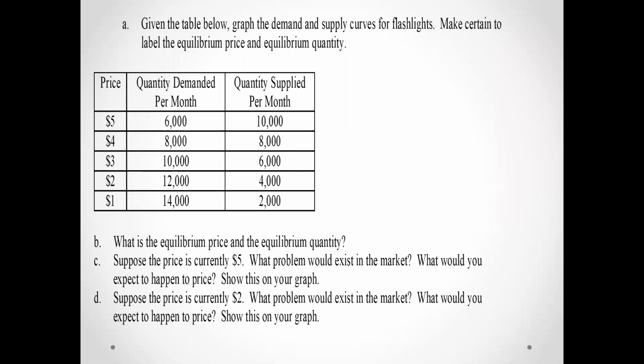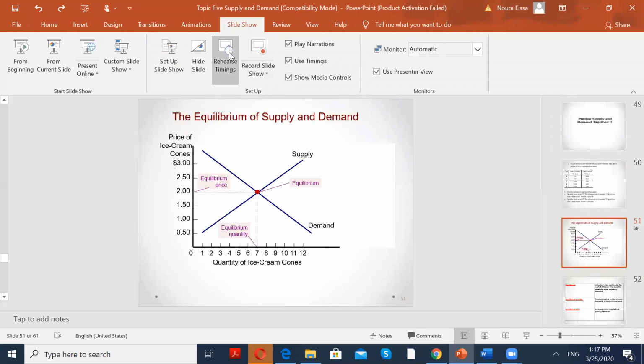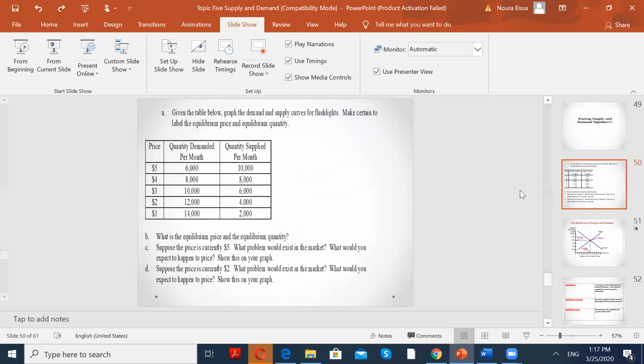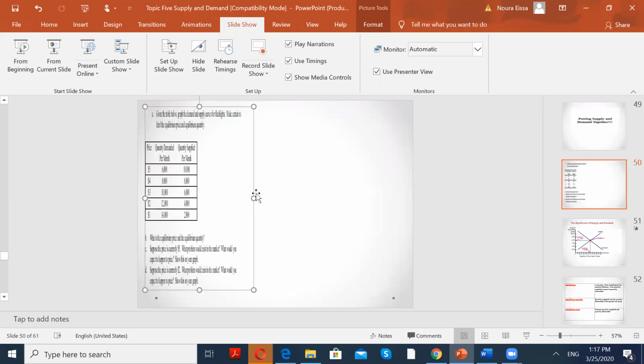Okay, here we have a question. We have the price. This is the supply and demand of flashlights, كشاف. عندي البرايس وعندي quantity demanded وعندي quantity supplied. تمام؟ عايزة أرسم الكيرف دي. اوكي؟ طيب تيجي نشوفها مع بعض تترسم ازاي.